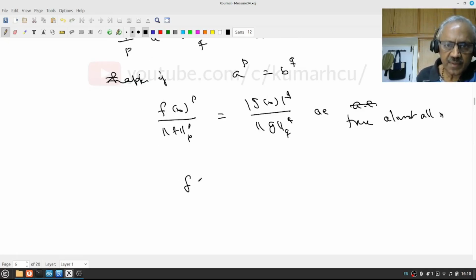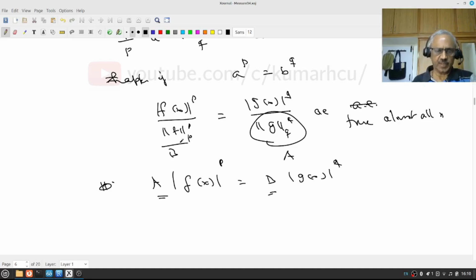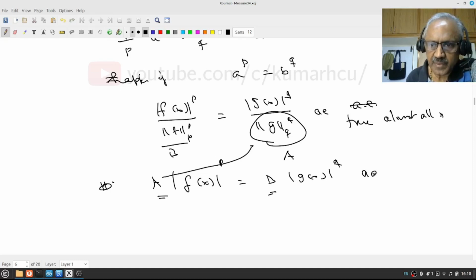Therefore it says |f(x)|^p into some constant, think of this as a constant a, equals, think of this as a constant b, into |g(x)|^q. Notice that a and b do not depend upon x. They are the LP norm of f to the power p, and the LQ norm of g to the power q. That is where a comes from, and this is where b comes from. Okay, this holds almost everywhere.